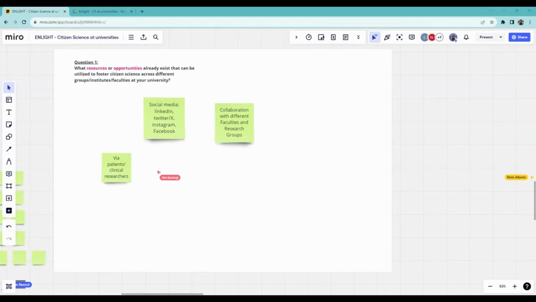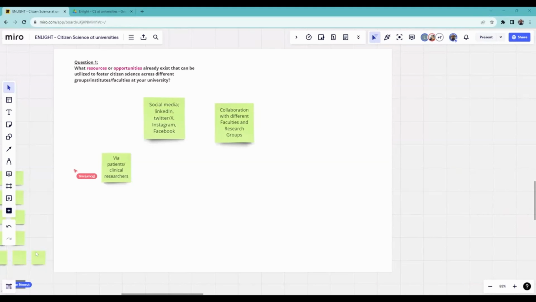And then I think social media is also a good resource to at least reach out and get a dialogue started. And then at the UMCG, the University Medical Center in Groningen, we obviously have a lot of contact between patients and their doctors.